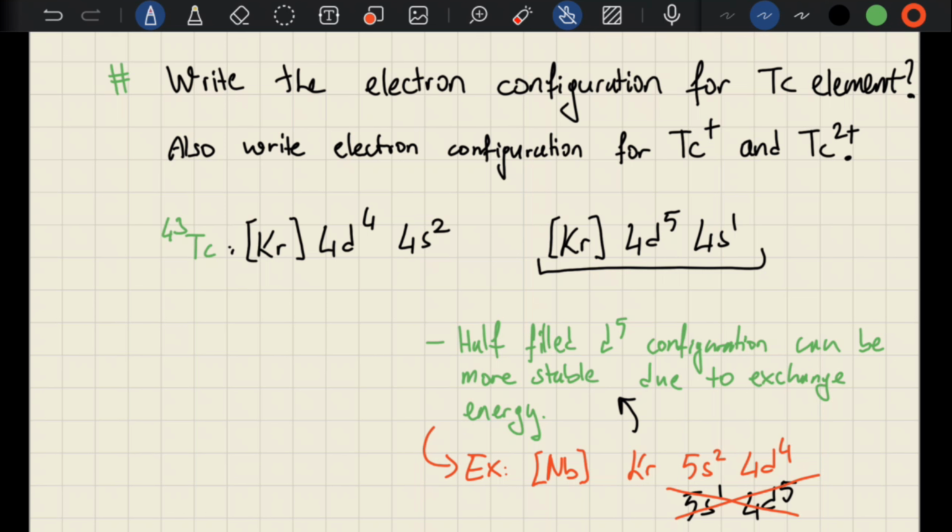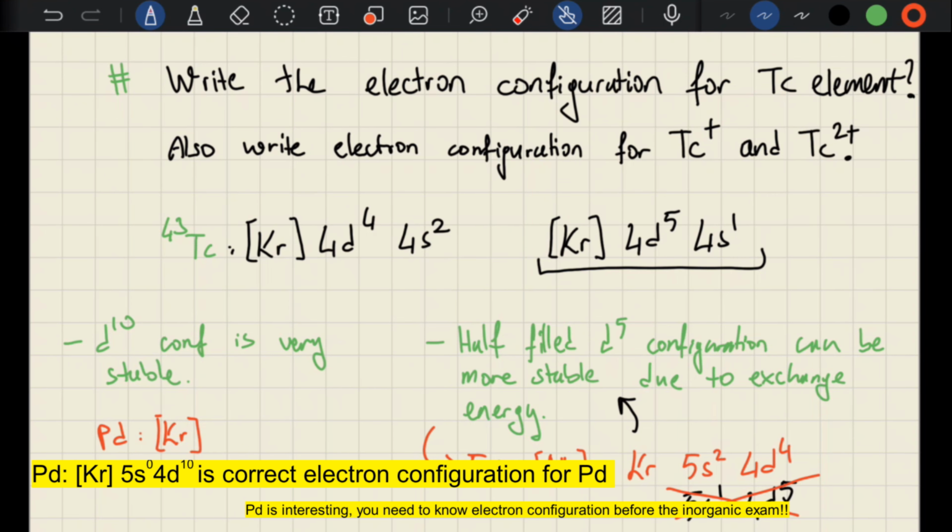And the other rule, before continuing this question, is d10. The d10 configuration is especially stable. Palladium, [Kr] 5s2 and 4d8 electron configuration, but it is not.